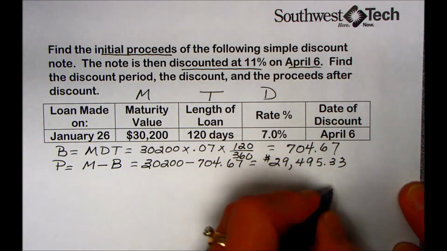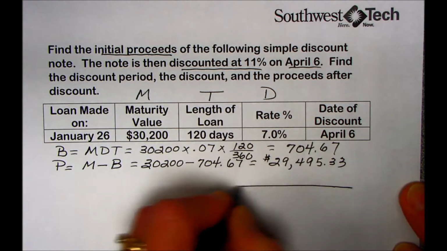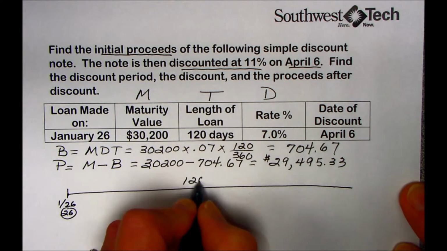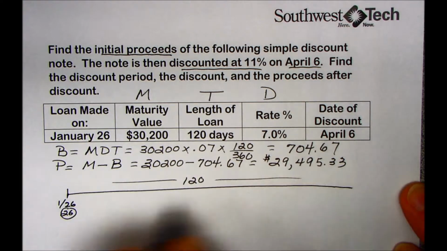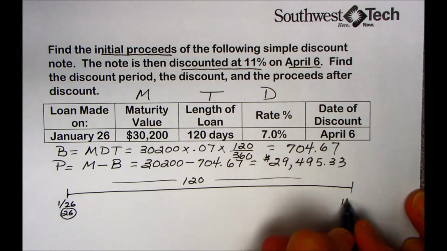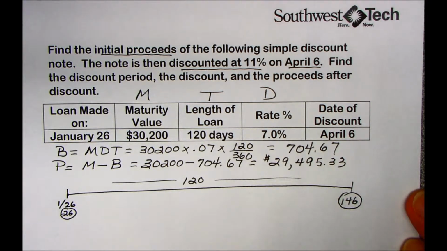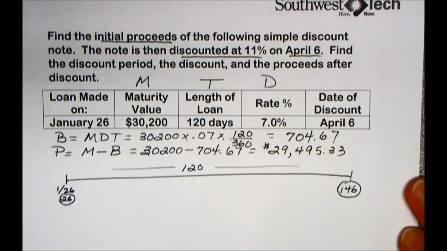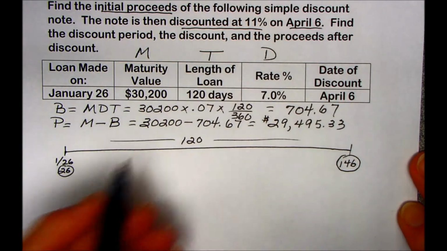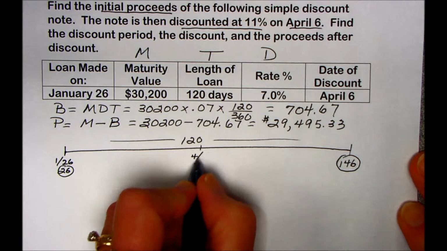So let's take a look at a timeline here. This started out on January 26th, which is the 26th day of the year. The loan is 120 days long, so 26 plus 120 means it will mature on the 146th day of the year, and we could look up that date. But of interest, though, is the fact that it is discounted on April 6th.